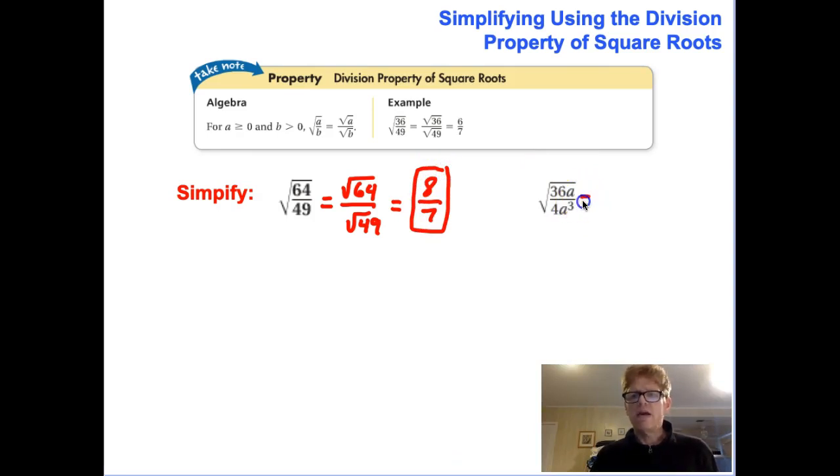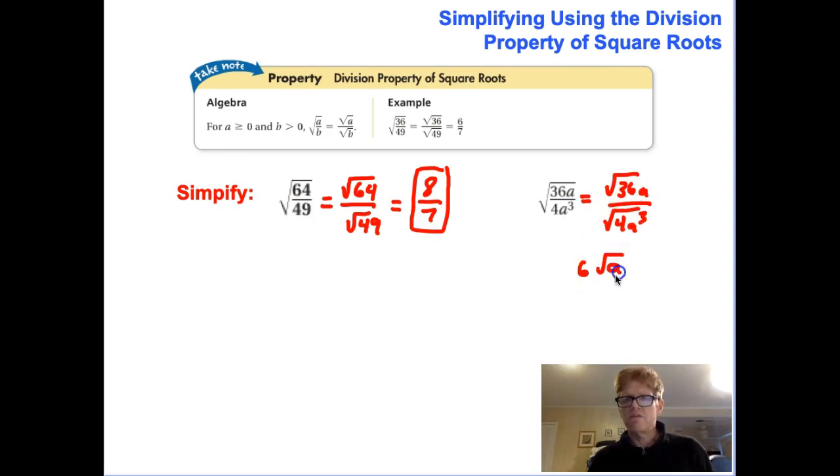We can write the square root of 36a over 4a to the third as the square root of 36a over the square root of 4a to the third. And then we need to do a little bit of work here. We know that the square root of 36 is 6, so we can put that on the outside of the square root symbol. Square root of 36 is 6. And we can't do much with the square root of a, so we'll just have to leave that.